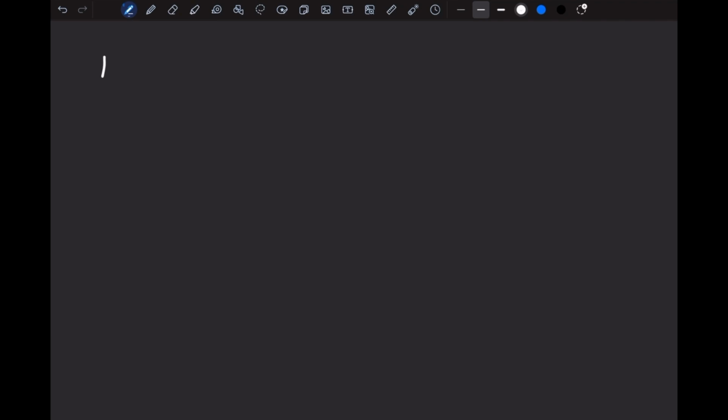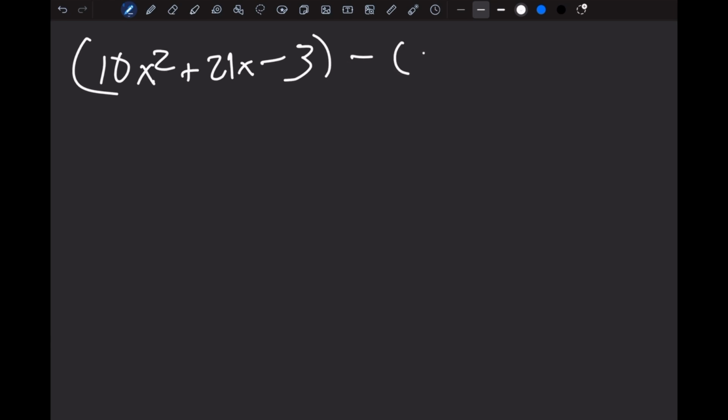So let's say we had 10x squared plus 21x minus 3, minus 24x squared minus 2x plus 10. Now, this is not multiplication connecting these two, but we do notice that these are in parentheses, and we have this minus symbol right here.